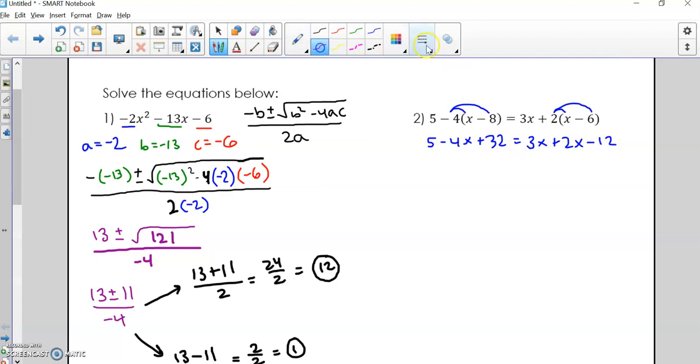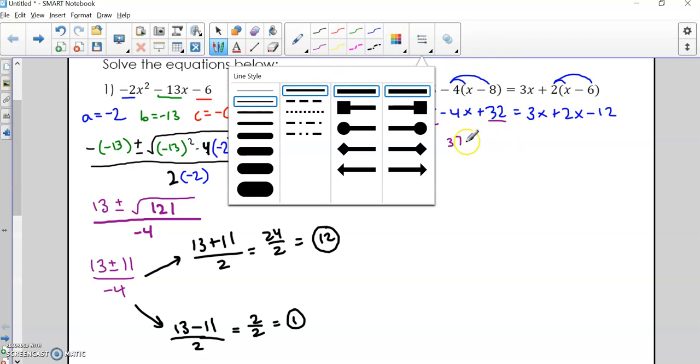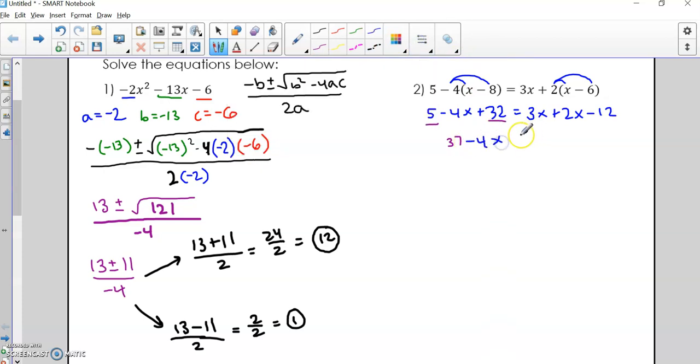Okay, once we've done that work, everything's free from the parentheses, and we can go ahead and start moving things around, combining like terms. So on the left side, we can see that 5 and 32 are both numbers, and so they can combine to create 37. So we have a 37, and then that minus 4x stays as is.